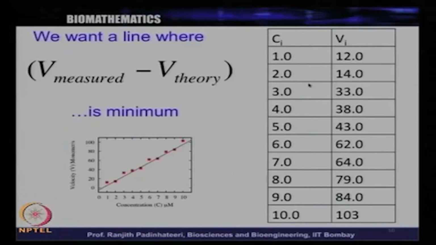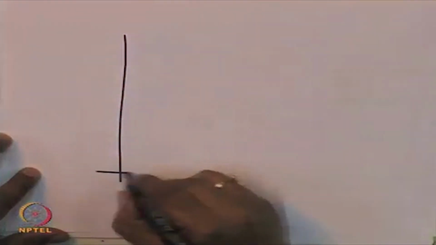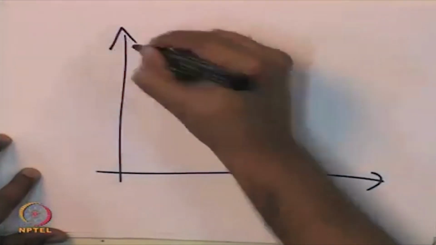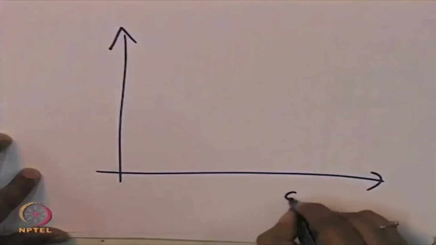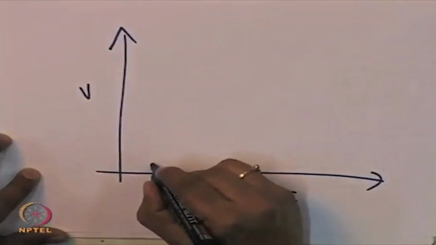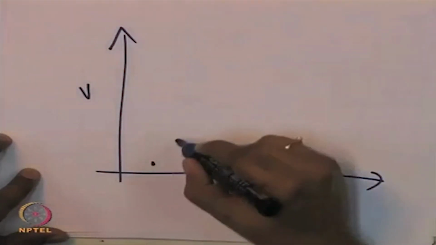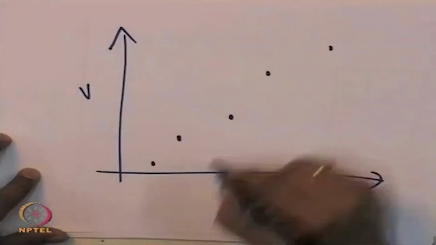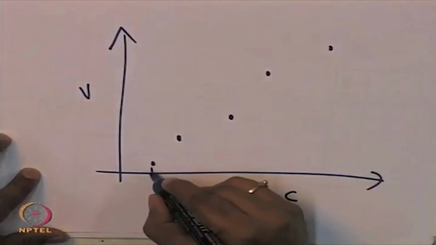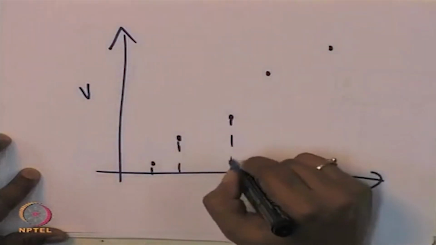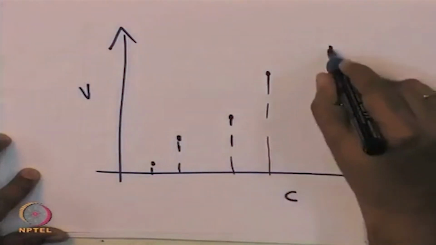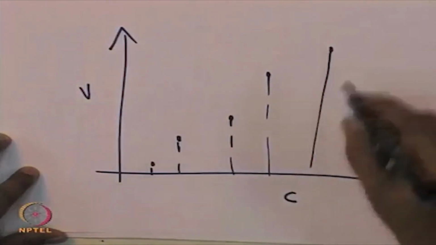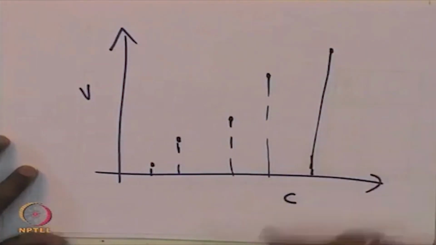Now, if you know this Kd and K0, for every concentration experimentally you have a velocity. So, let us take a few points. For each of these concentrations there is a particular y value that you get from the experimental data.